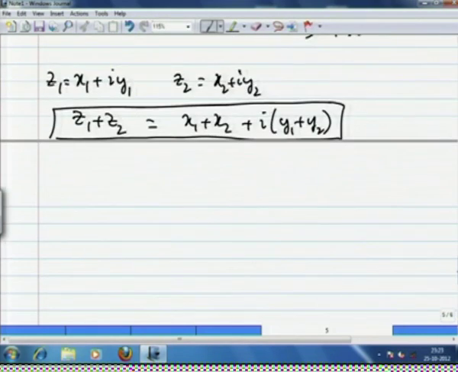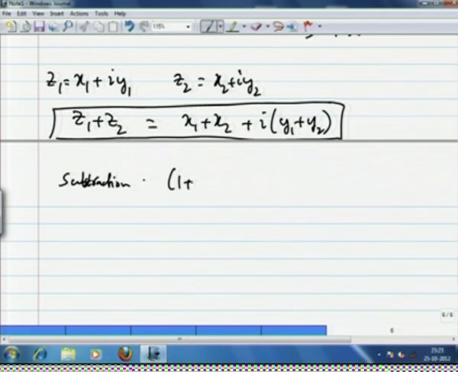And then subtraction is similar. 1 plus 3 I minus 4 plus 2 I is 1 minus 4.